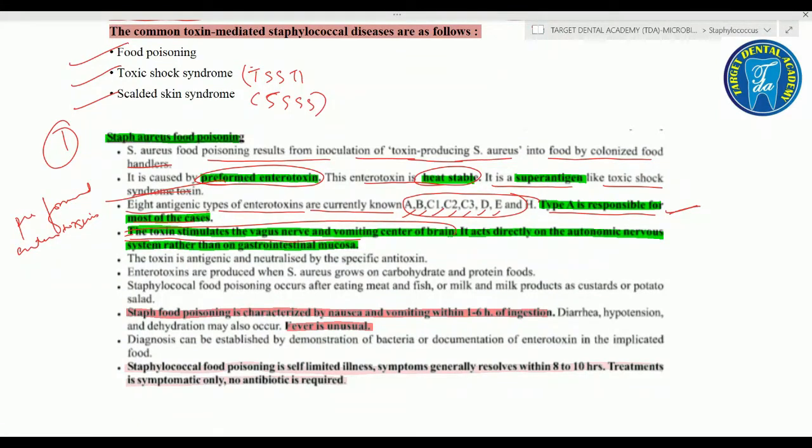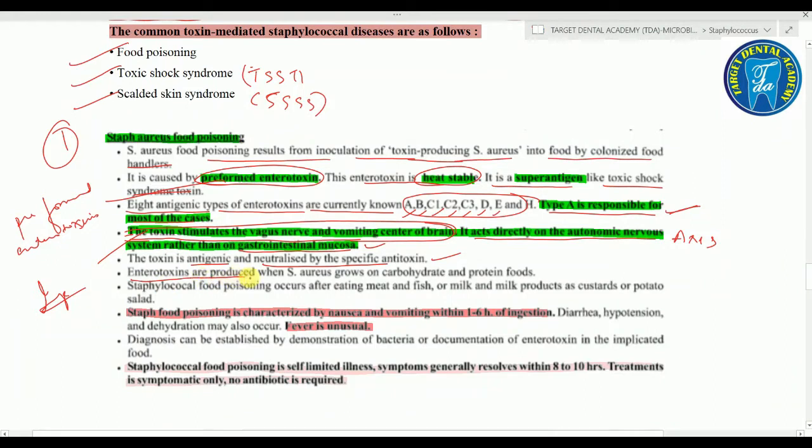The toxin stimulates the vagus nerve and the vomiting center in the brain. It acts directly on the autonomic nervous system rather than the gastrointestinal mucosa. Important point: the toxin is antigenic and neutralized by the specific antitoxin.